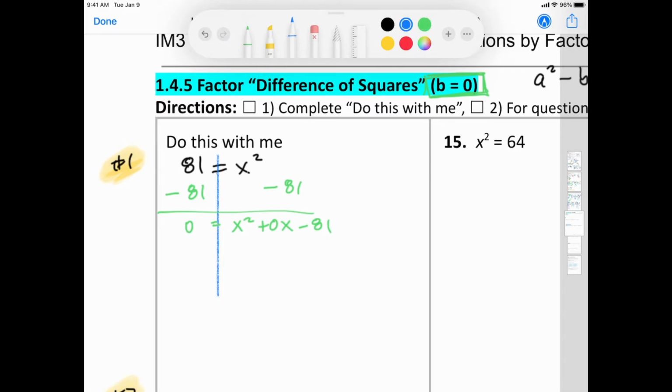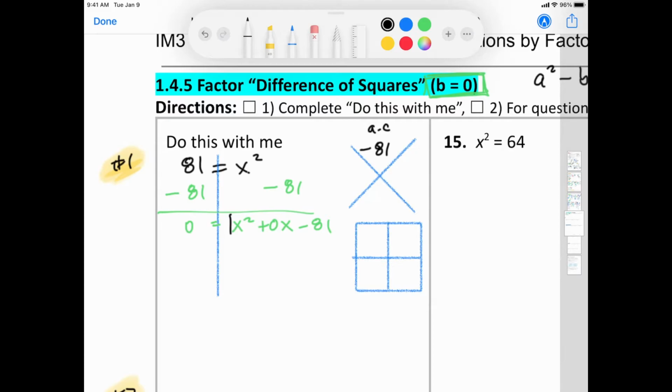And then here you can just use your Xbox method. Your a value is 1, so a times c is negative 81. My b value is 0, right? A, b, and c. Two numbers that multiply to be negative 81 are positive 9 and negative 9, and they add to be 0. Basically, that 9x and negative 9x, if you add those together, equals 0x.